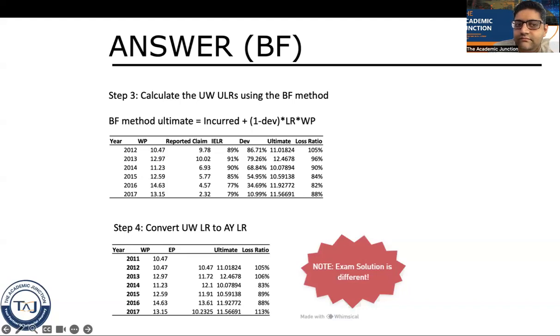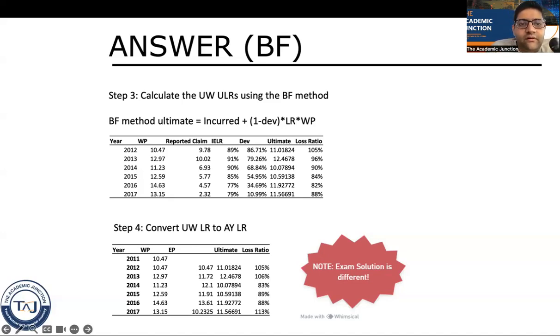No, but the latest year wouldn't have been. You're doing it on an underwriting year basis. So you're right that earned premium becomes the case when you're dealing with it on an accident year basis, where you have to look at how much has been earned and whatnot. But when you're calculating it on an underwriting year basis, you can just make an assumption and divide by written premium and get the loss ratio. That's the logic.